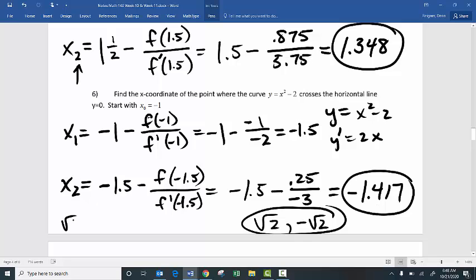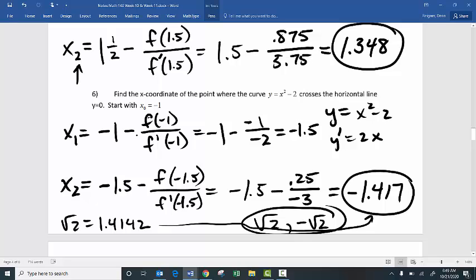So the square root of 2 is 1.4142. And you can see, with this plus or minus, how close we got to the answer just on the second iteration. Now it's negative. We got the -1. There's 2 answers here. So in order to find the other answer, you probably would start with a guess of +1 and that kind of thing.